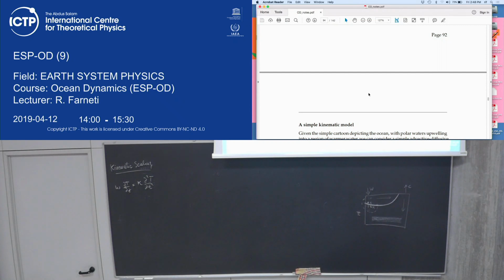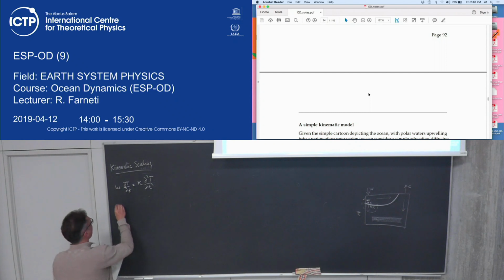This is a simple advection diffusion process. W is the vertical velocity, kappa is an eddy diffusivity, and T is the temperature, of course. The vertical velocity is positive, and so that means that vertical diffusion is negative, directed downwards.